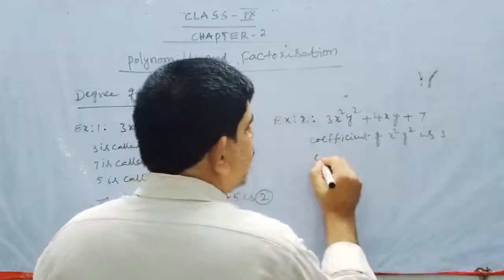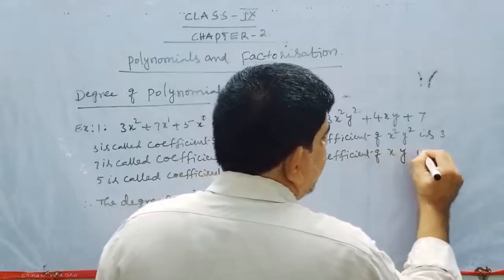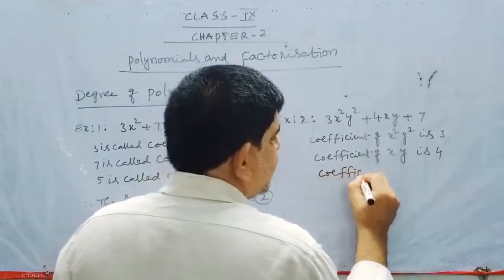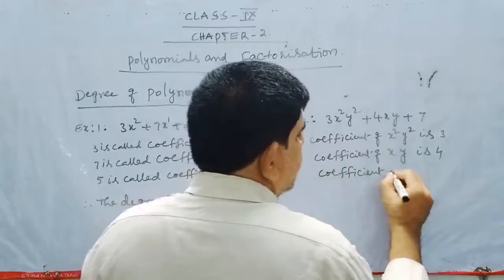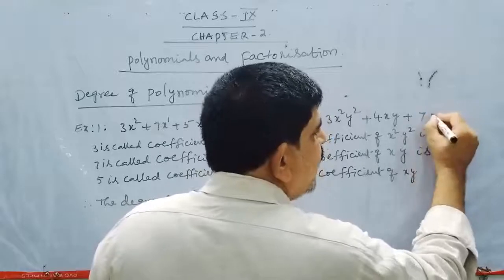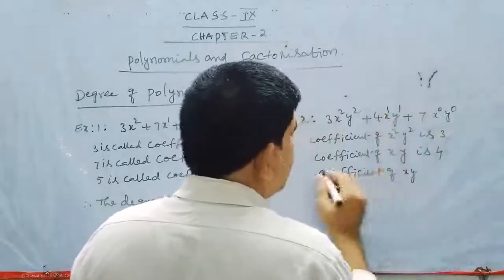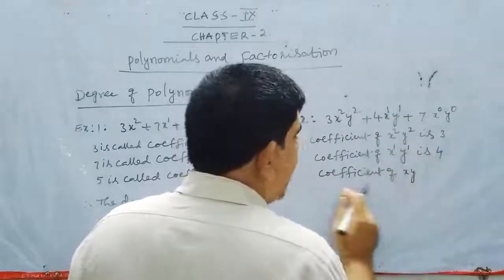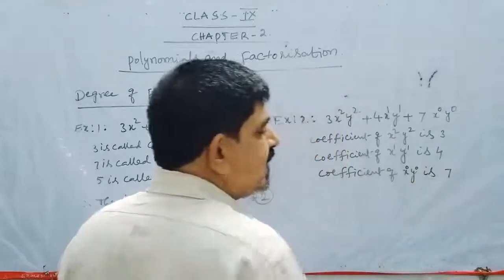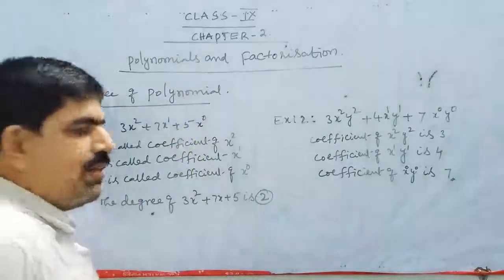Next one, coefficient of xy is 4 and for the last term, here there is no variables, so here we can take it as x power 0 and y power 0. Here x power 1 and y power 1. So the coefficient of x power 1 y power 1 is 4 and the coefficient of x power 0 and y power 0 is 7. Okay, so generally we can take this 7 or here 5 are constants.